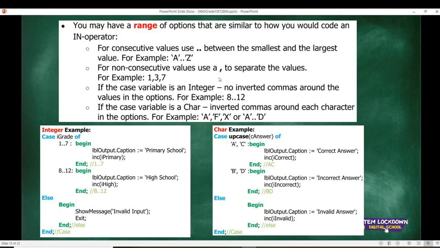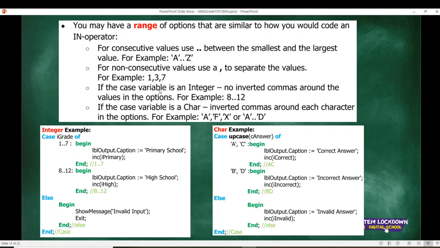For non-consecutive values, just like with the in operator, you separate them with commas. So if this wasn't 1 to 7, it could have been 1 or 3 or 7, and then I would separate them as you see here with commas.